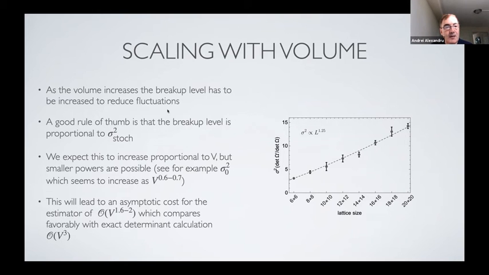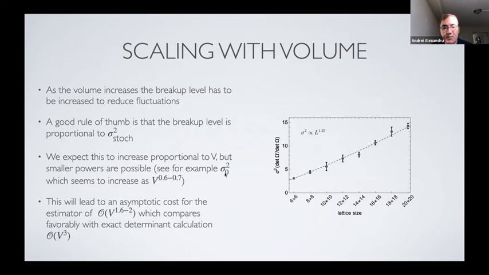So we expect that the breakup level would need to be increased as you increase the volume. A good rule of thumb: if at a particular volume you find a particular breakup level to be acceptable, as you increase the volume, you want to keep the fluctuations of the stochastic determinant fixed, and that would require increasing the breakup level proportionally with the fluctuations of the stochastic determinant.